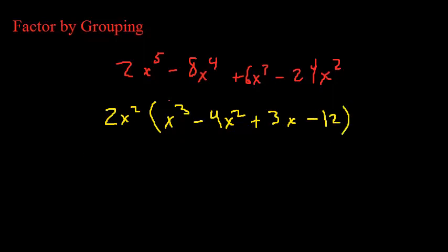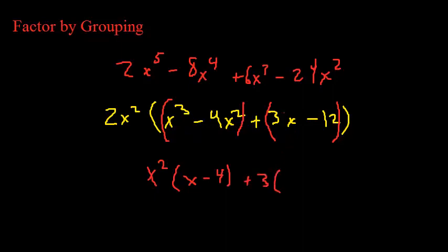Now I can group the first two terms and last two terms of this polynomial and find my greatest common factor for those two groupings. Here I have a common factor of x squared, which leaves me with x minus 4. And here I have a common factor of 3, so plus 3 times what's left, my x minus 4. And this, of course, is all still being multiplied by my 2x squared, my greatest common factor.